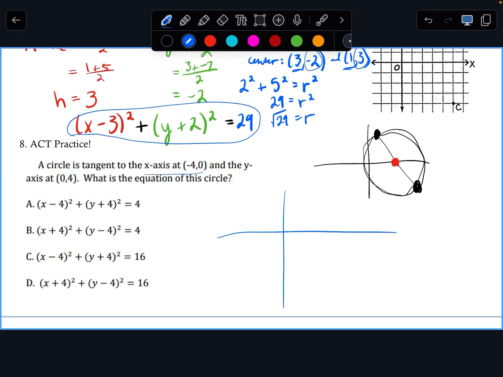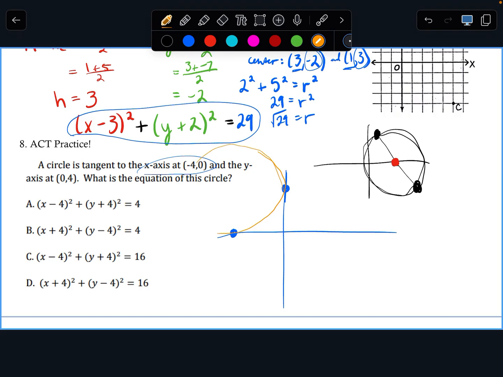Okay. Circle is tangent at the x-axis at negative 4, 0, so negative 4, 0 is here. The y-axis at 0, 4. If it's tangent at those points, draw a picture.